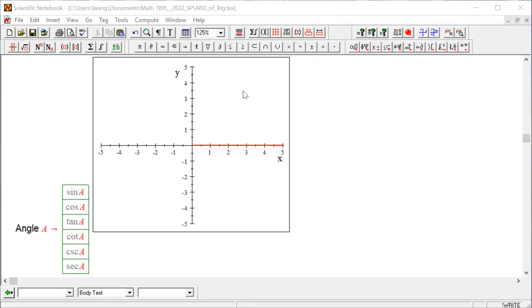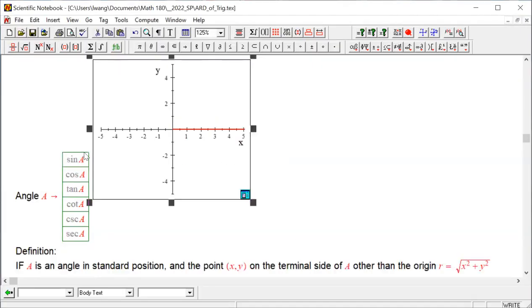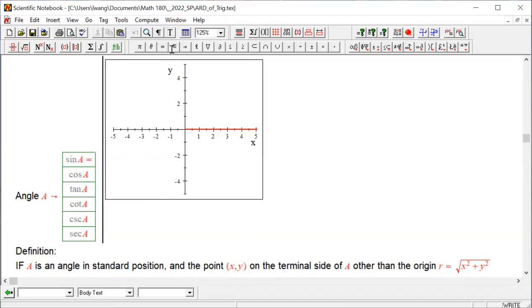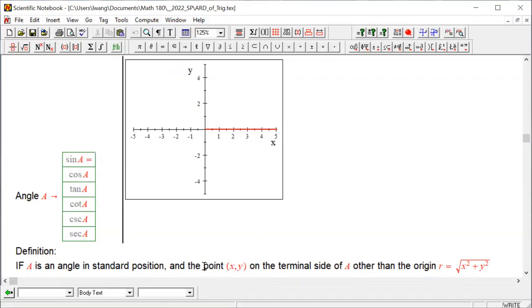I'm going to make it just a little bit smaller so we can fit in what we need. Okay, so we're going to introduce the definition. A point on the terminal side. It didn't say which point on the terminal, as long as the point is not the origin.